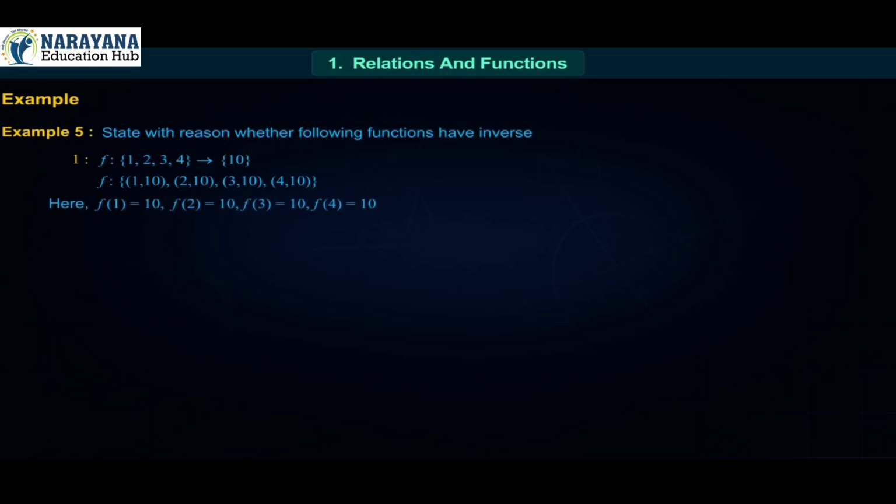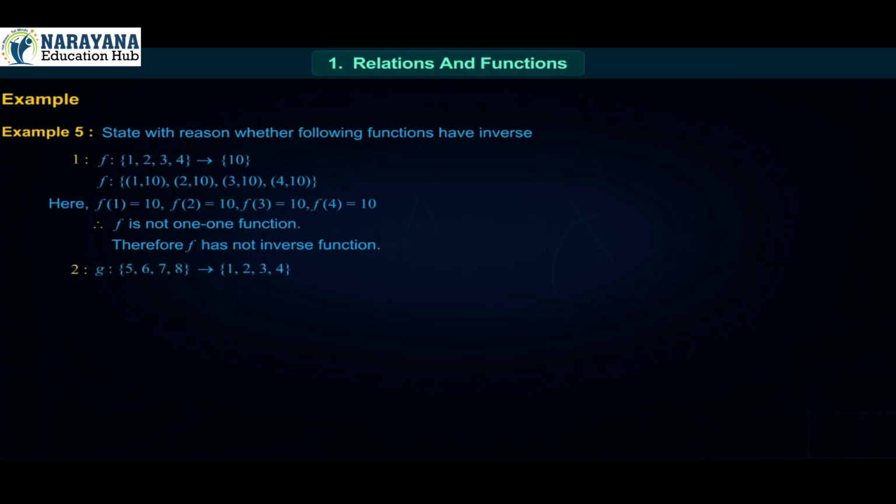Here f of 1 is equal to 10, f of 2 is equal to 10, f of 3 is equal to 10, f of 4 is equal to 10. Therefore, f is not 1-1 function. Therefore, f has no inverse function.